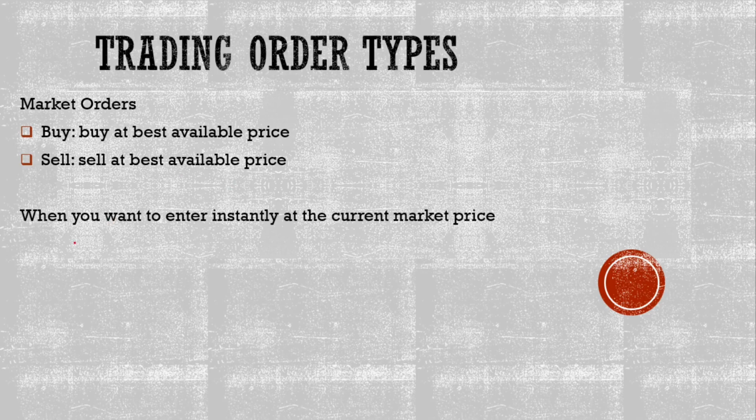You use it if you want to enter instantly at the current market price. So if you're looking at your charts and you want to enter the market manually, by yourself, pressing the sell or buy button, then if you press the buy button on your own, you've just executed a buy market trade. If you press the sell button by yourself, you've just executed a sell market trade.